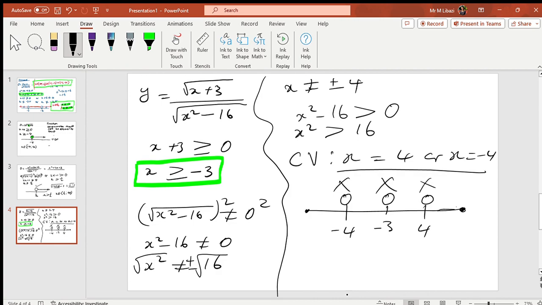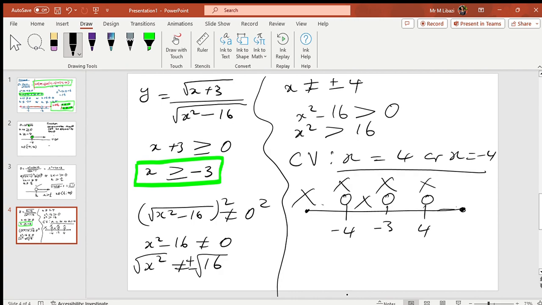In the numerator, negative 3.5 plus 3 gives a square root of negative 0.5, which means we do not have any number between negative 4 and negative 3. If we substitute a number below negative 4, let's say negative 5, in the numerator we have negative 5 plus 3, which gives the square root of negative 1, undefined. So we also don't have a number here.